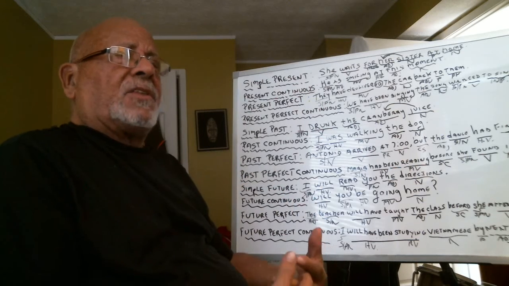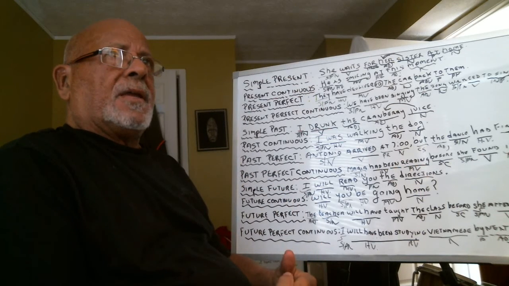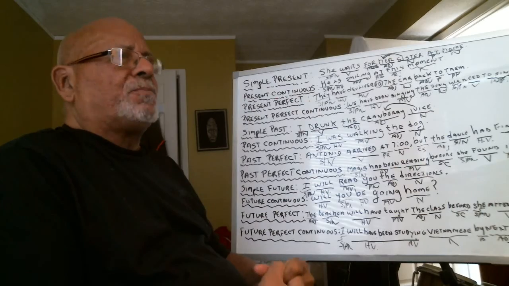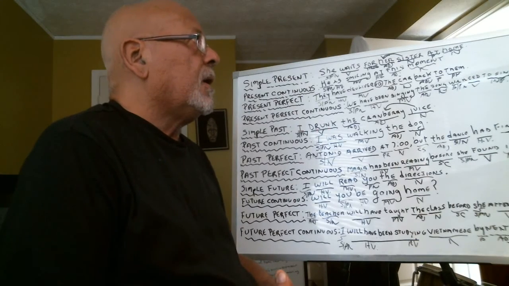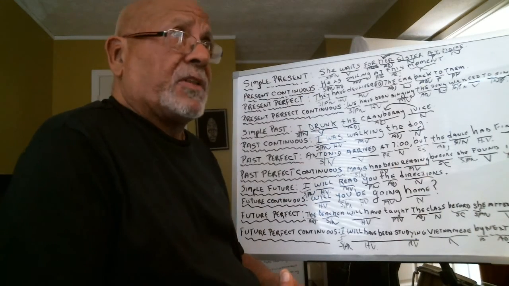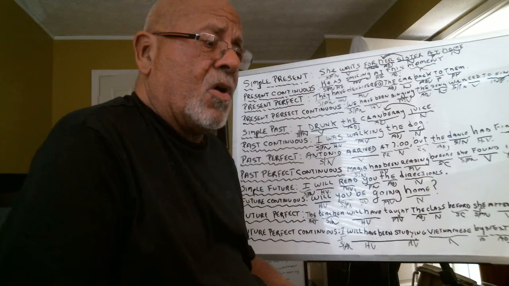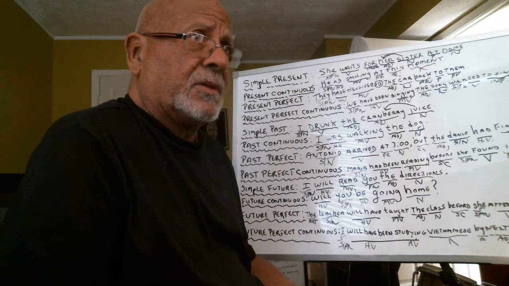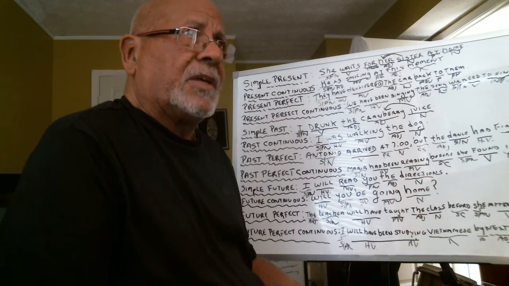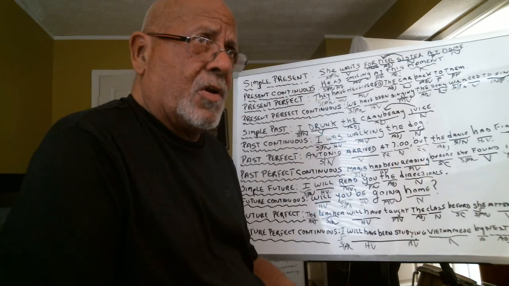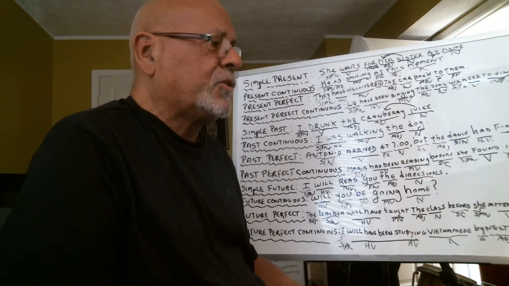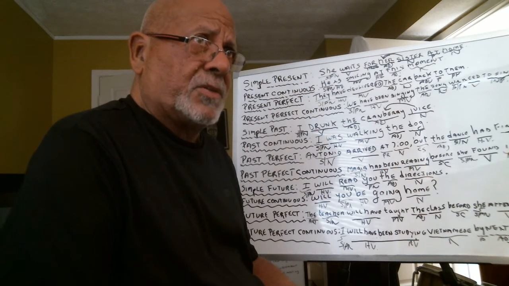You have to practice. If you want to learn, you have to practice. You have to put the time and the effort in. Last lesson, we went over the verb tenses. It's extremely important for you to learn how to use the verb tenses correctly.